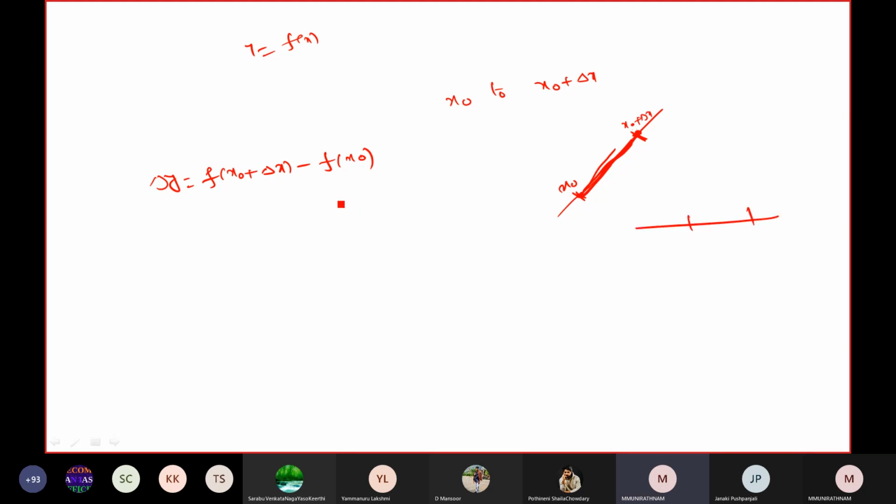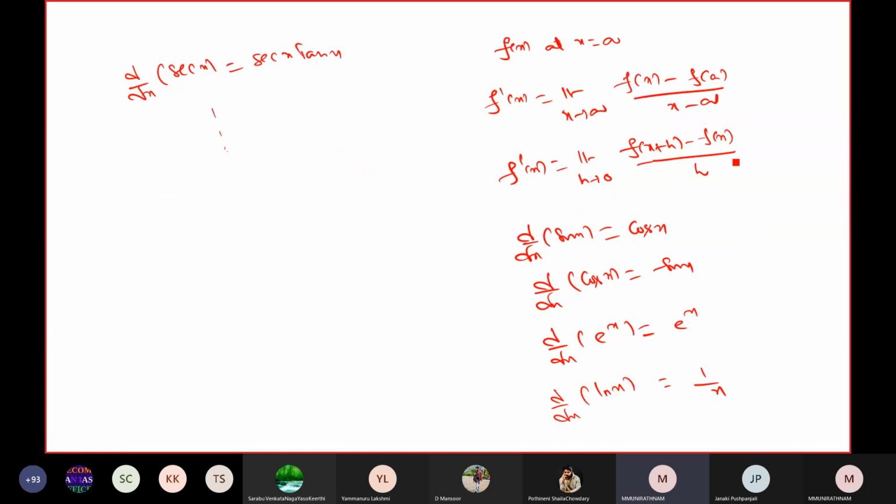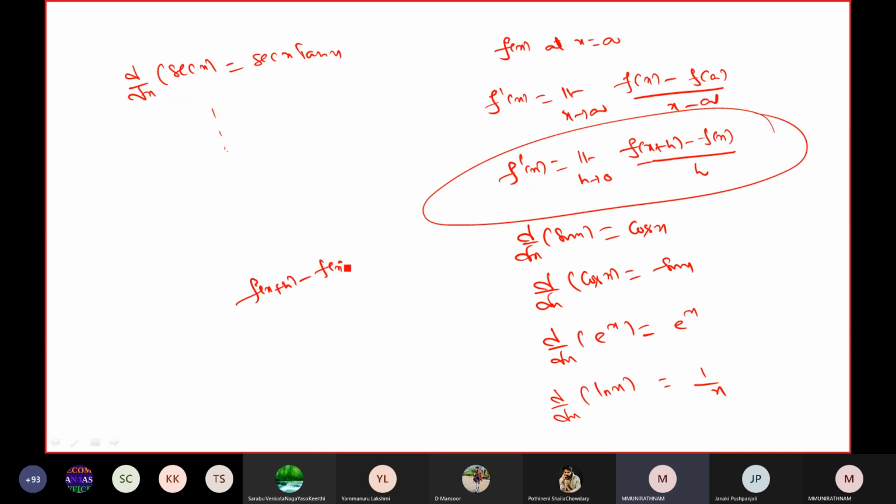Now, like delta x taken as h, f of x plus h minus f of x. So from here, f of x plus h minus f of x can be written as h into f dash of x, right?